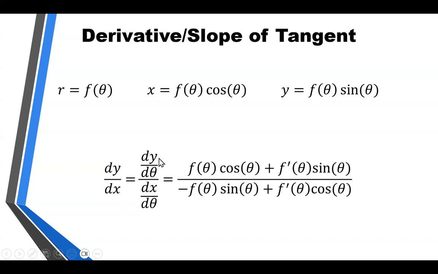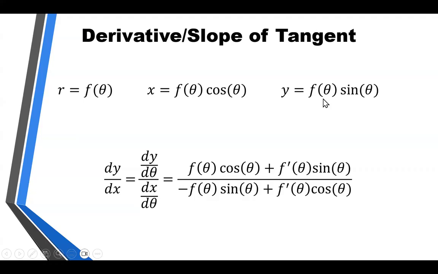And therefore, we can take a derivative of y with respect to theta and divide by derivative of x with respect to theta. Now, when you take a derivative of y, it is a product of two functions, our f of theta times sine.